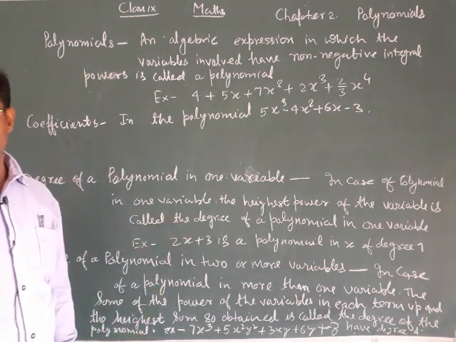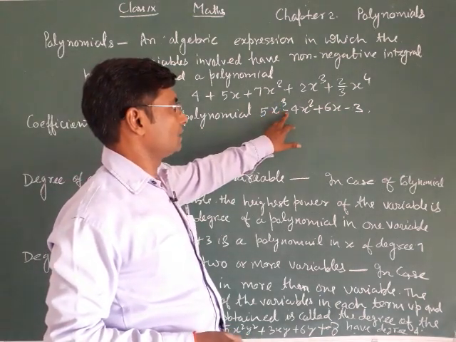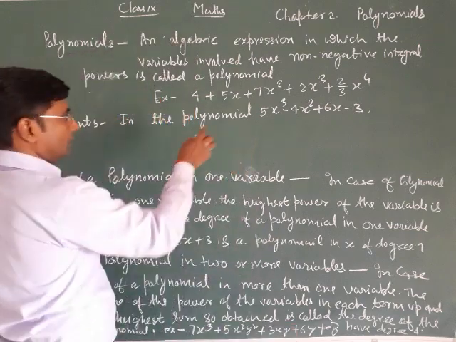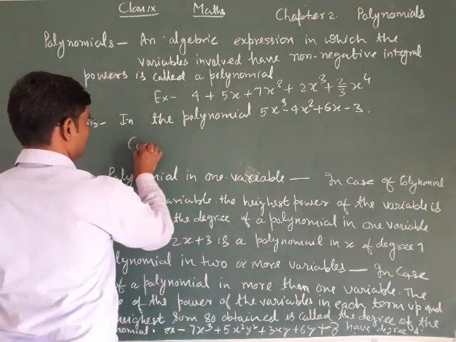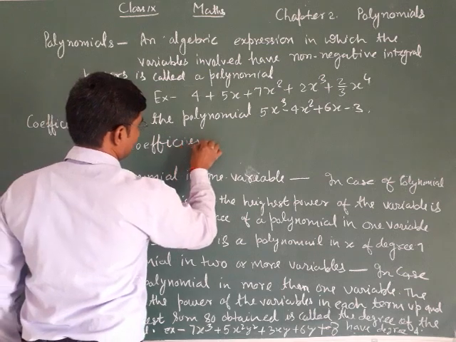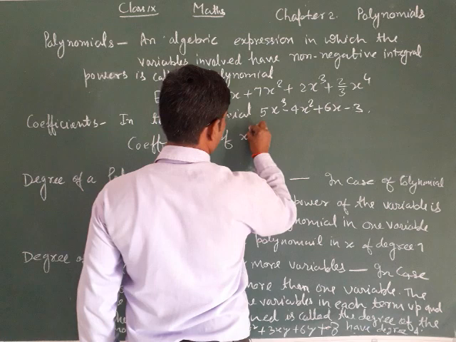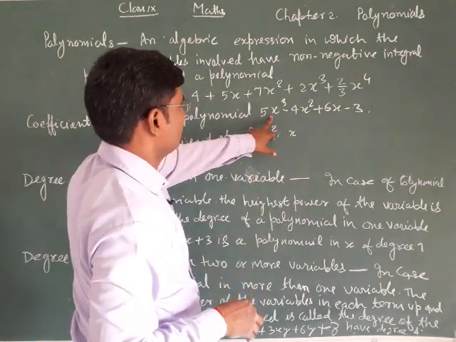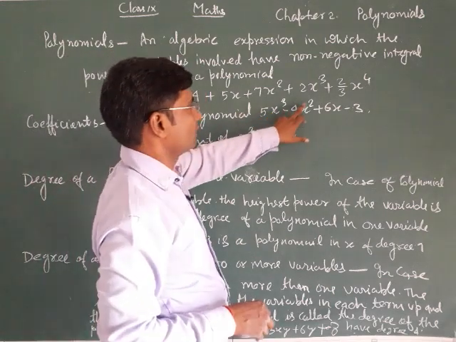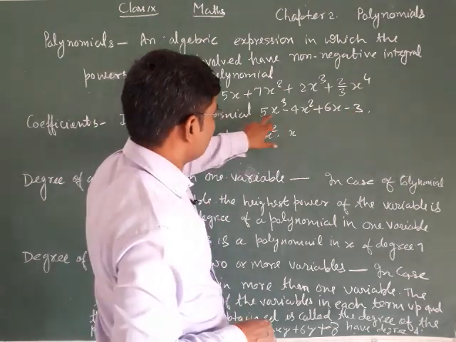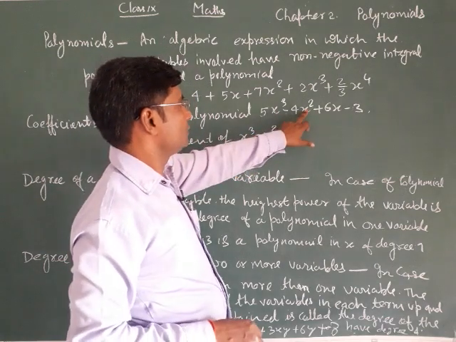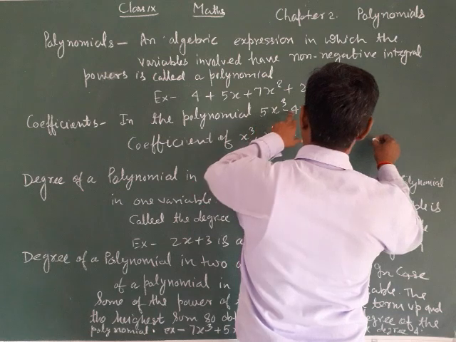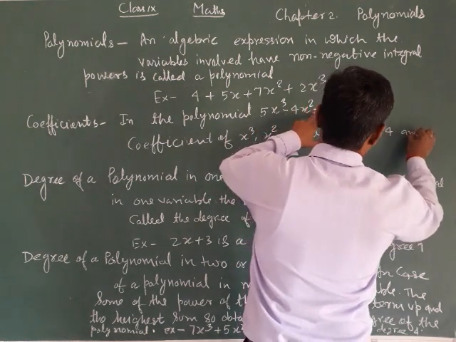In the polynomial 5x power 3 minus 4x square plus 6x minus 3, the coefficients of x cube, x square and x are 5, minus 4 and 6.